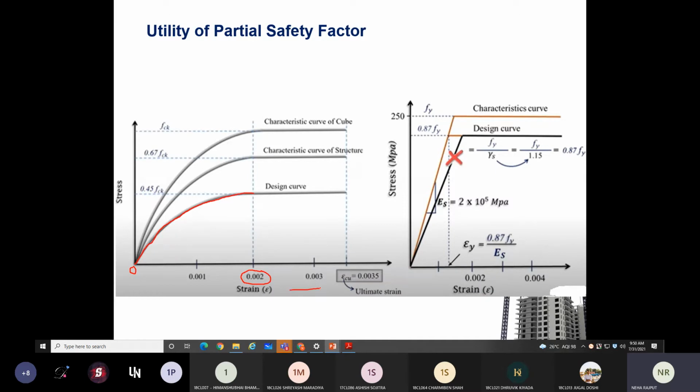From 0.002 to 0.0035, the stress is a straight line, right? And the maximum stress value over here is 0.45 FCK or 0.446 FCK. Both these are the same value.